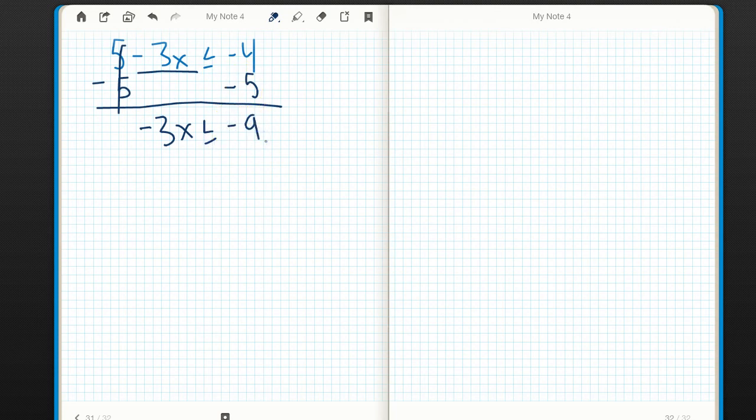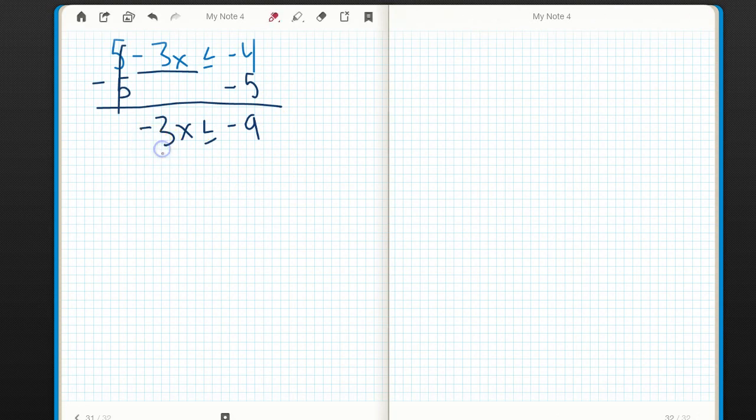So I need you to pay attention right now. Make sure you are writing this in your notes. So take out your highlighters, your stickers, your glitter, whatever, to show that this is a really, really important step. Okay? So we need to get rid of the negative 3. In order for us to get rid of negative 3, we must divide.